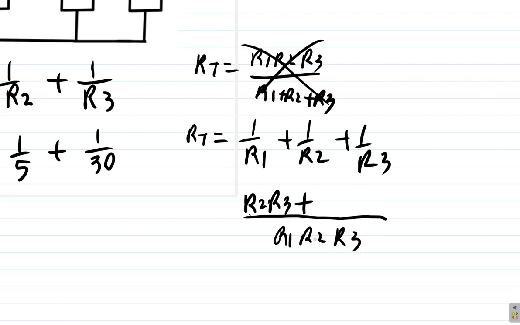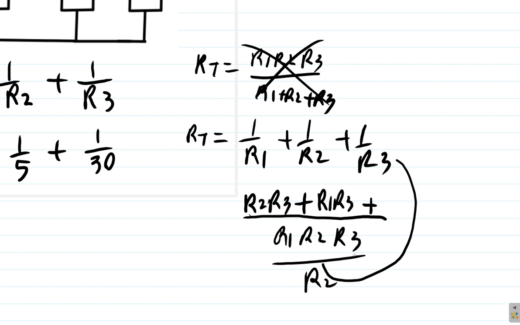R2 will cancel itself, leaving R1, R3. If you put this over R2, R2 will cancel, leaving R1, R3. So what you would have is R1, R3 times 1 up here, giving you R1, R3. Plus, if you divide R3 into this, R3 will cancel and leave R1, R2.